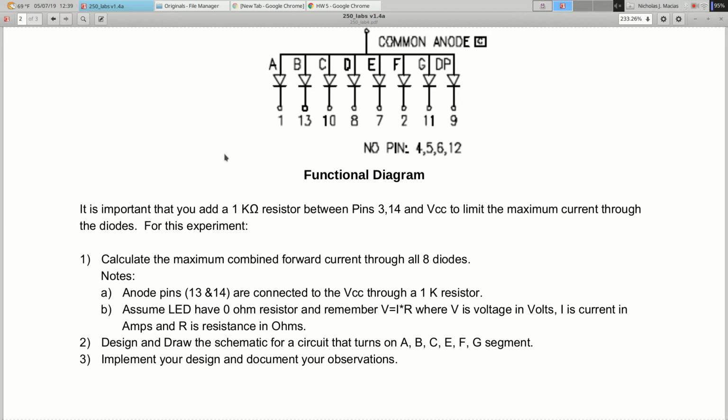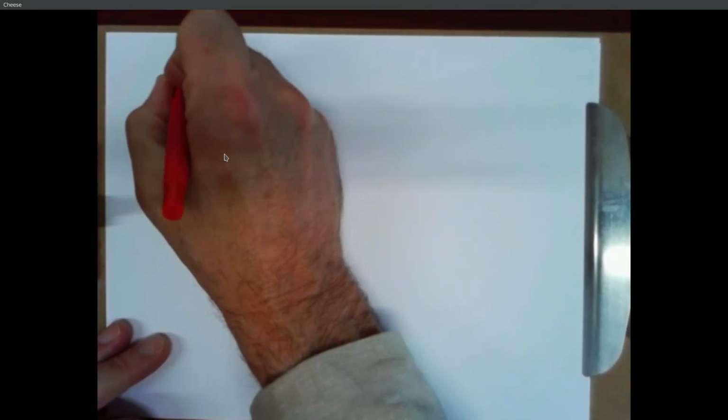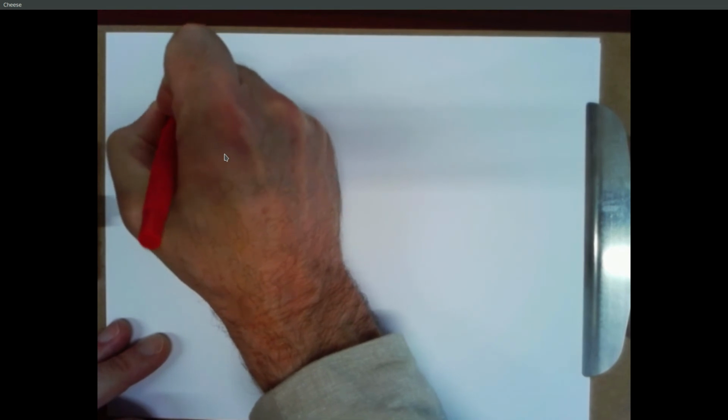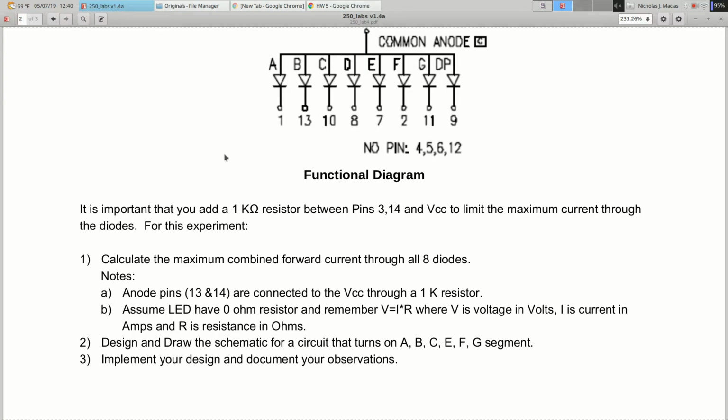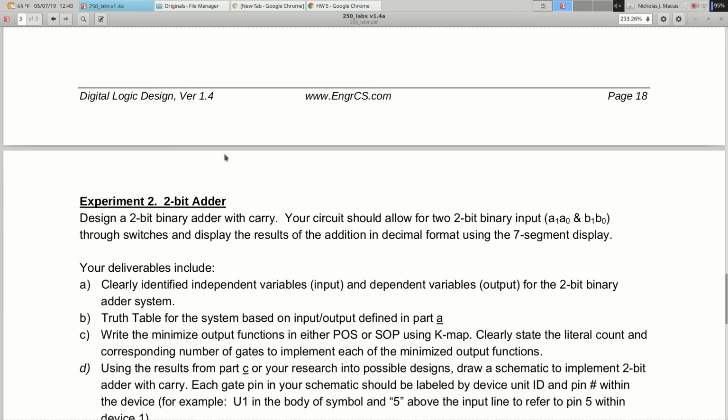When you power it up, your display should look like a little letter A. You don't need to get a signature for that, but it should be pretty clear to you if it's doing the right thing or not. If everything lights up or nothing lights up, your circuit needs some tweaking. Okay, so that's a warm-up.